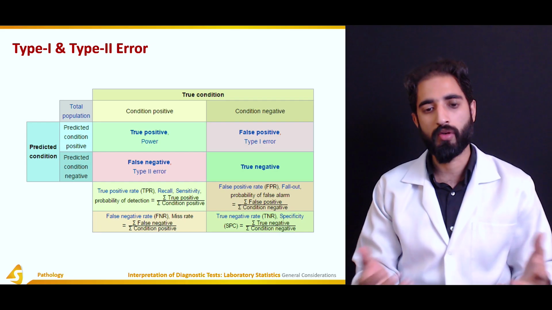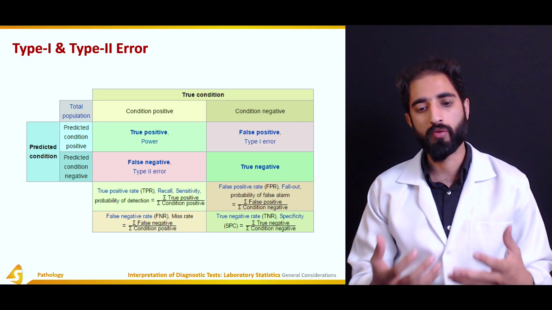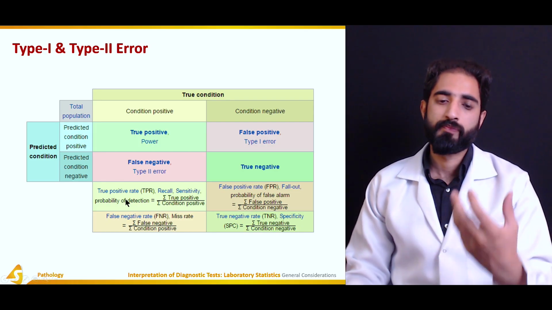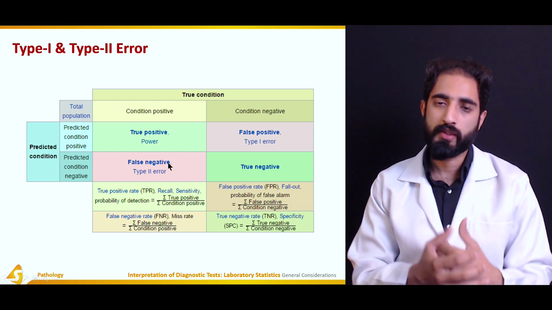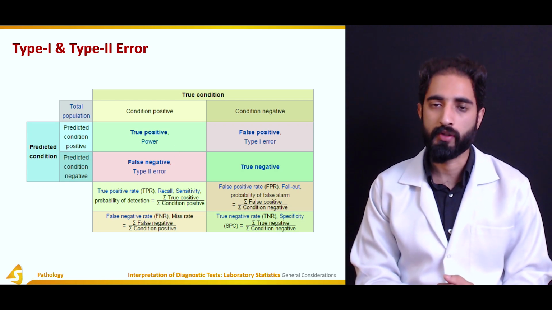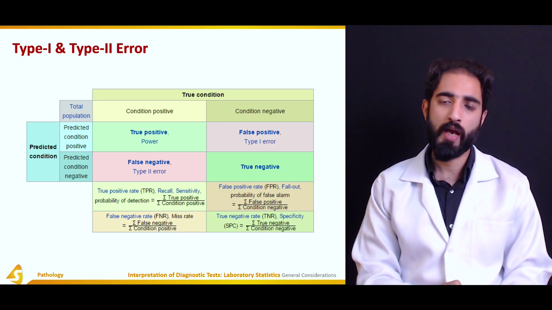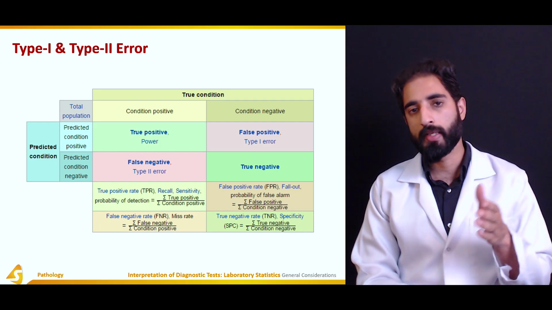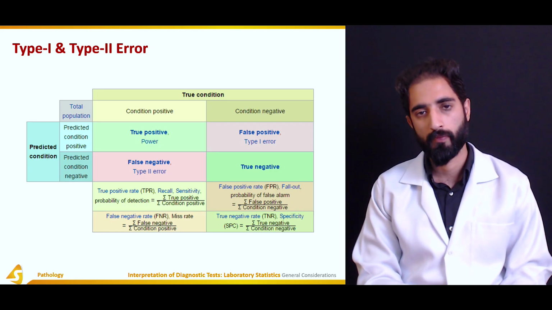That is known as a false negative, or this type of error is known as a type 2 error. So these are the different types of results that we can get from different types of laboratory tests and outcome measurement tests. But we have to keep in mind that these tests can also mislead us if there is a type 1 or type 2 error.